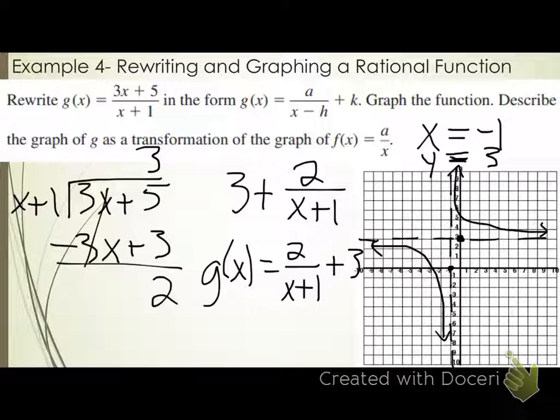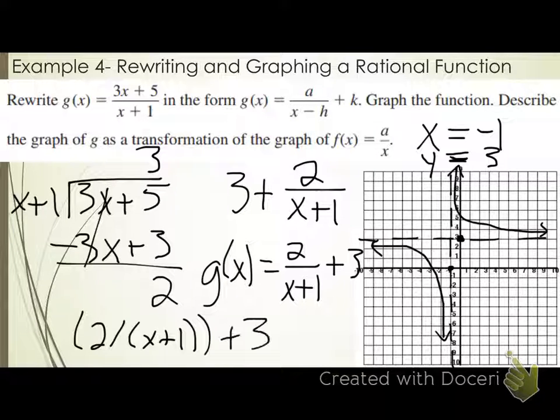There's my hyperbola. Any questions on that? Anyone have any troubles typing it in the calculator? This is how I typed it in. Parenthesis 2 divided by parenthesis x plus 1, parenthesis plus 3. That's exactly how I typed it in. Careful there.